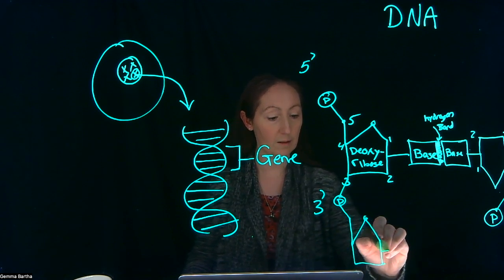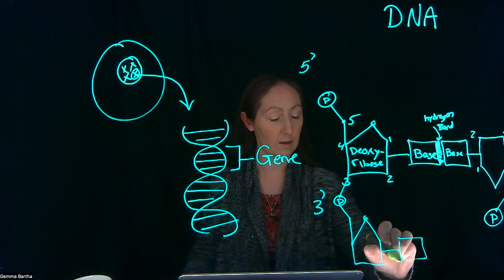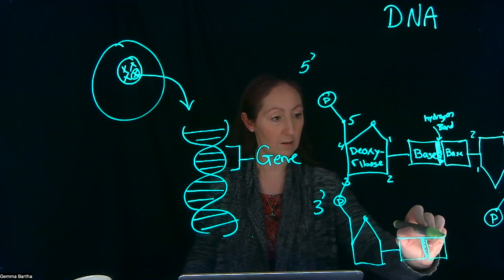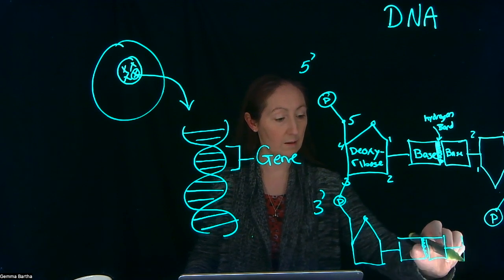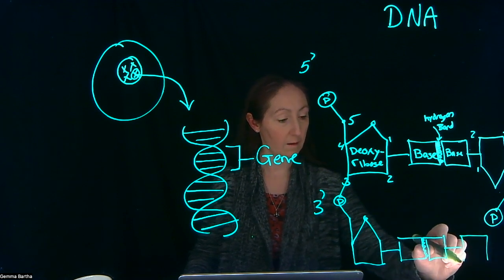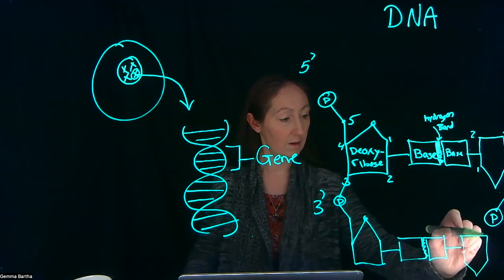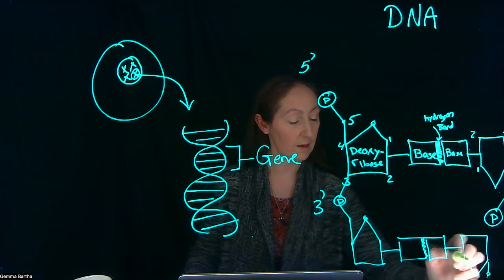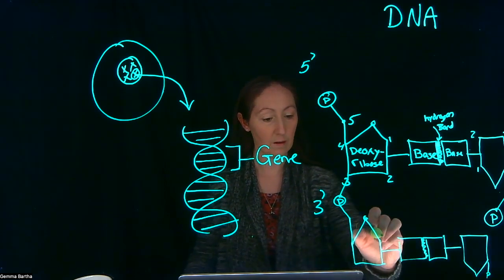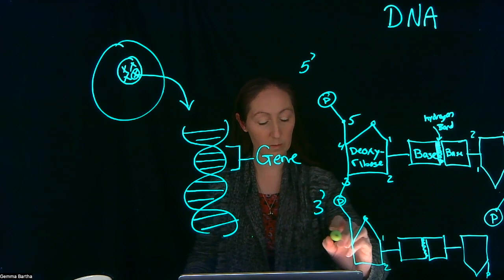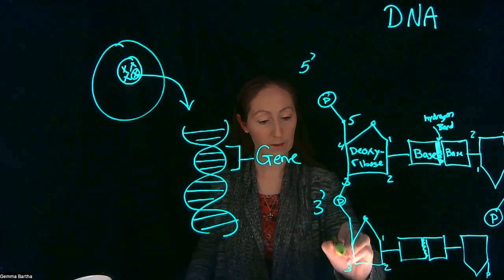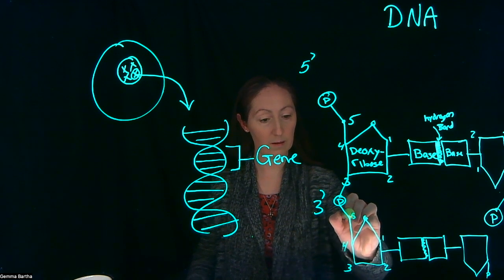Okay, just like this. There's your sugar. There's your base. There's your hydrogen bond. There's your base. Okay. And then your other phosphate would be down here. 1, 2, 3, 4, 5.